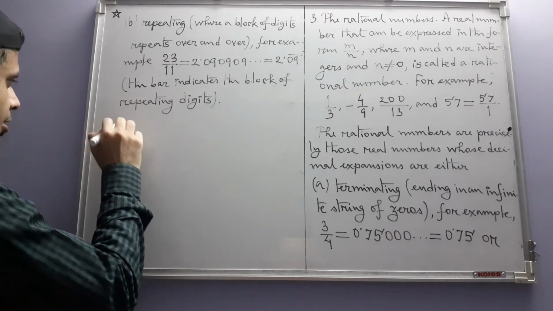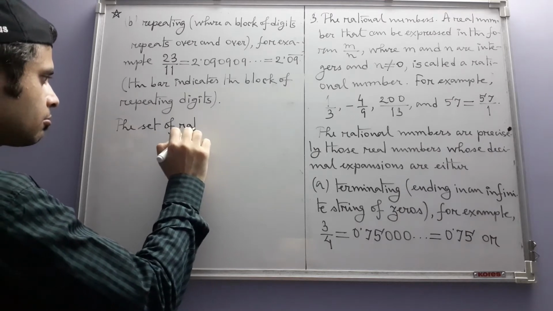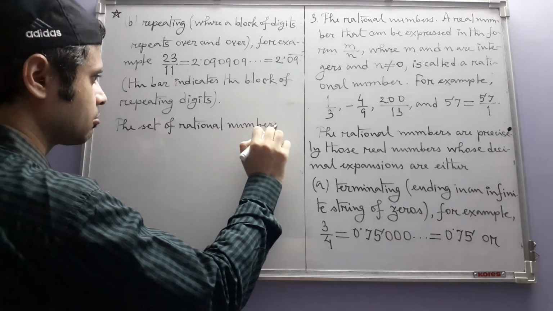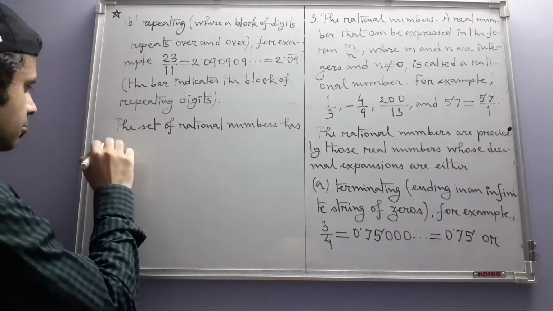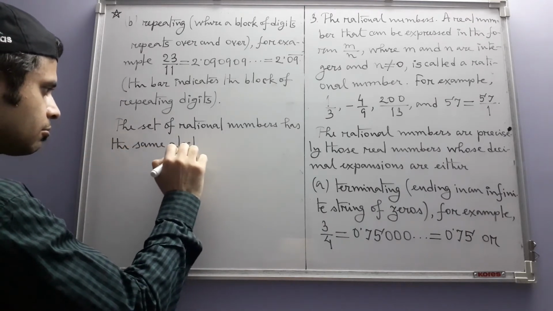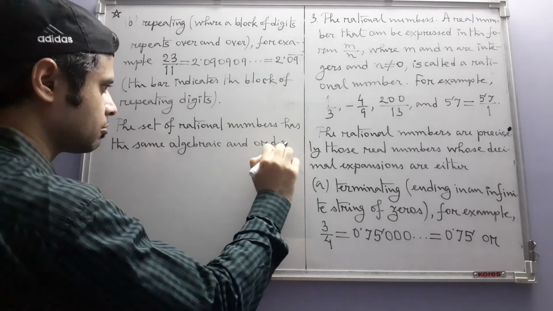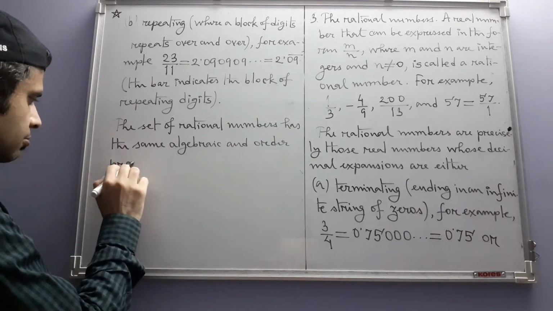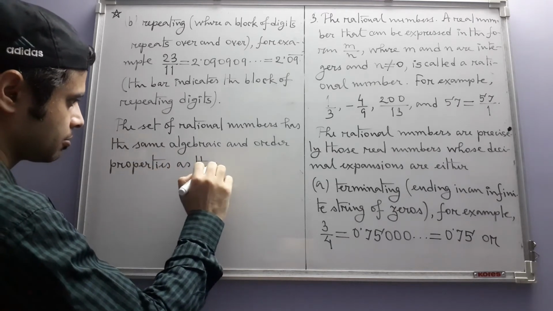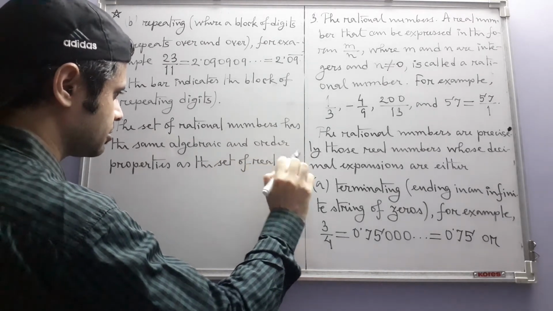The set of rational numbers has the same algebraic and order properties as the set of real numbers.